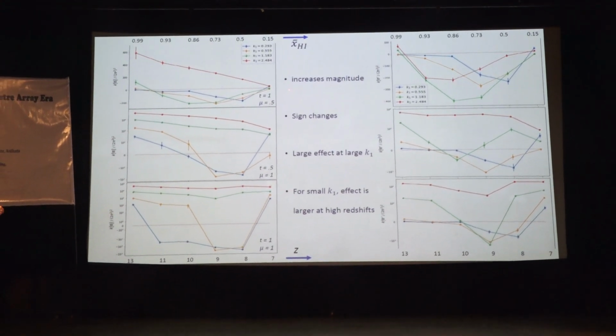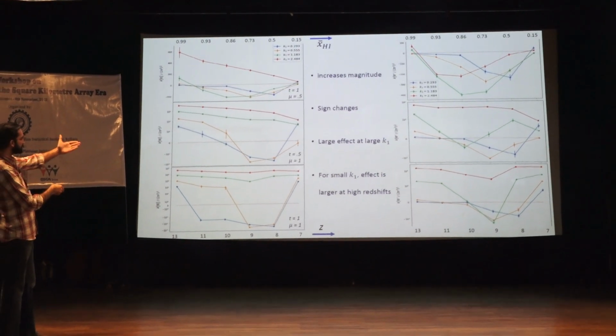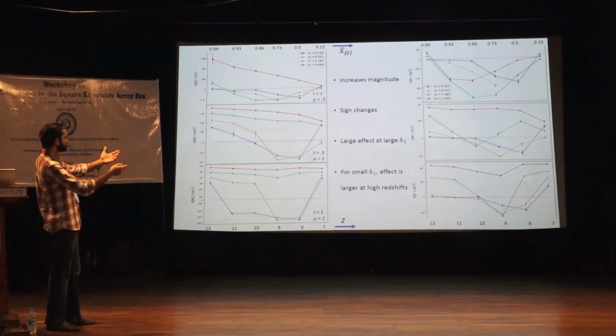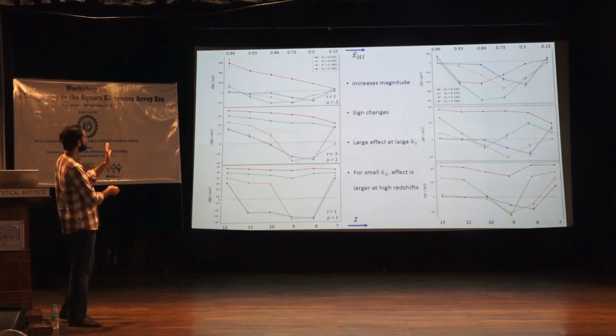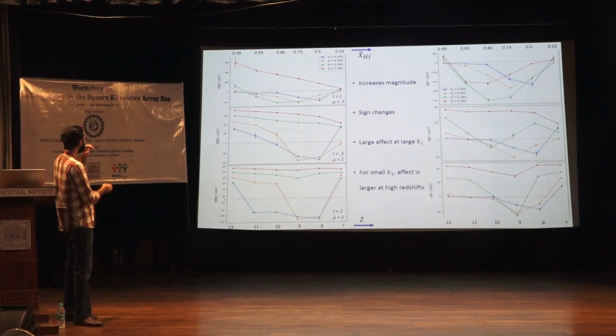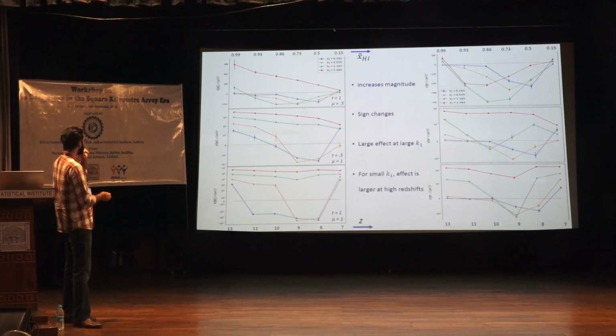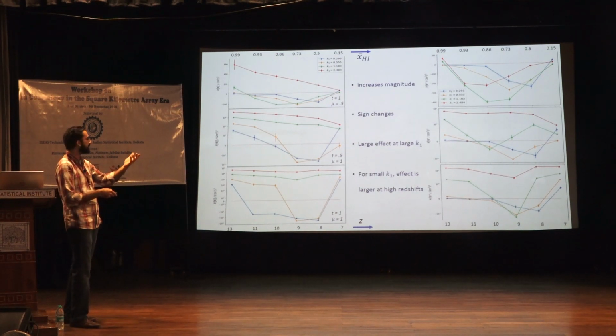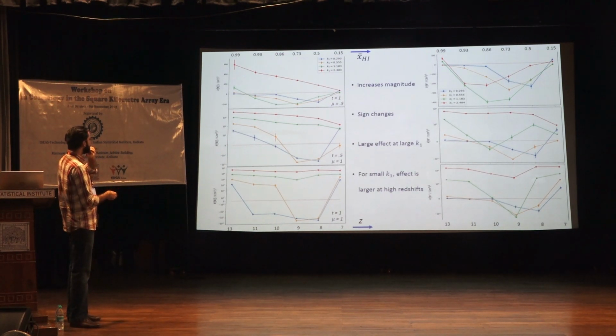The redshift space distortion basically increases the magnitude of the bispectrum, and sometimes the sign also changes. Here the magnitude is, for example, 6 times greater, and somewhere in the squeezed limit it is 10 times higher. The sign is also very important. For example, for this k mode the sign changes in between, but due to redshift space distortion the sign does not change.